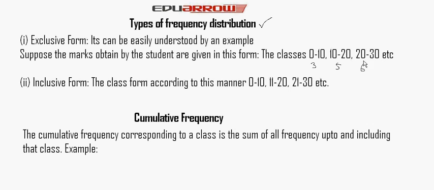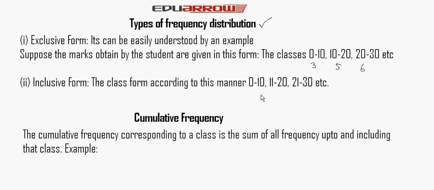frequency distribution. Now we read about inclusive form. The classes are formed in this manner: 0 to 10, 11 to 20, 21 to 30.